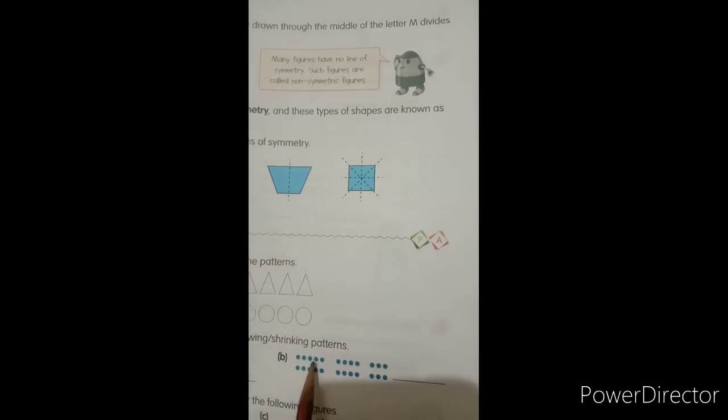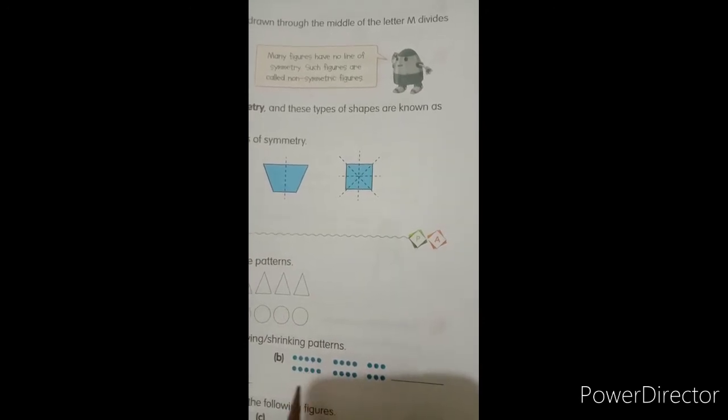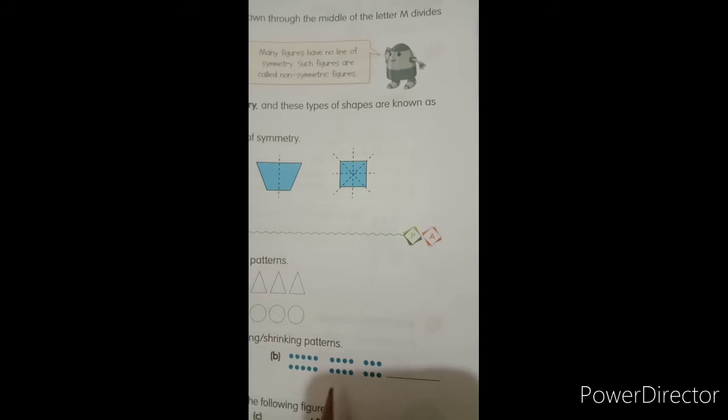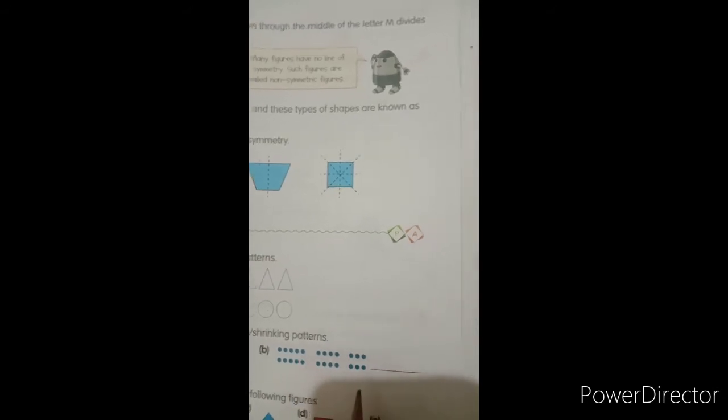Same in the next part, there are first of all 1, 2, 3, 4, 5, 6, 7, 8, 9, 10 dots, then 8 dots, then 6 dots. So the next are 4 dots, because 2 dots are decreasing in each next term. So there are 4 dots.